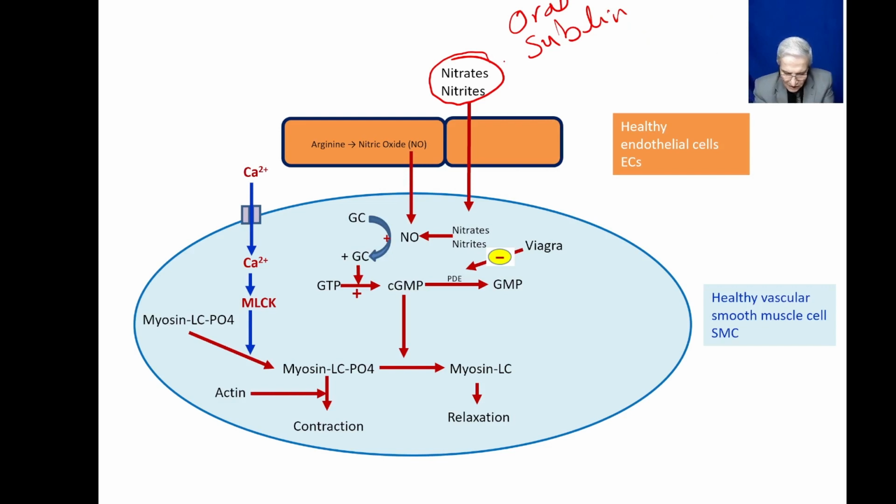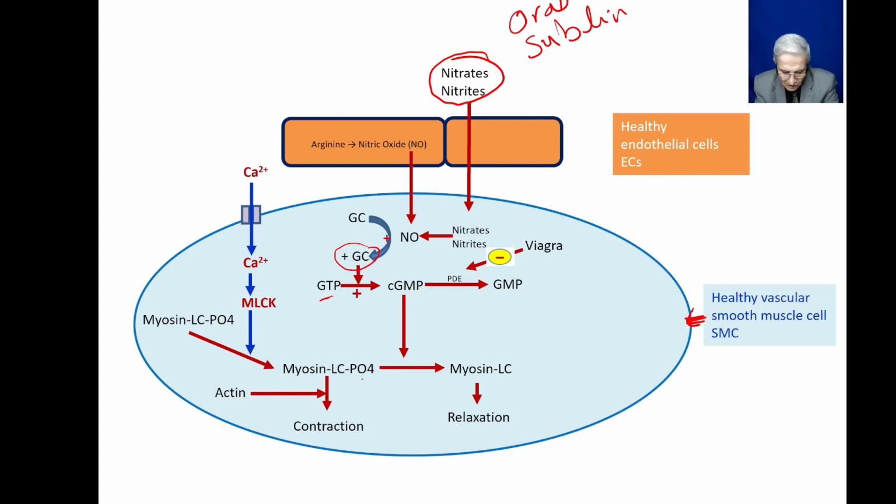Okay, the nitrate leaves the blood vessels, enters the endothelial cells, leaves the endothelial cells, and enters the smooth muscles. So the nitrate enters smooth muscle. Nitrate converts to nitric oxide. Nitric oxide will activate guanylate cyclase and enhance conversion of guanosine triphosphate to cyclic GMP.